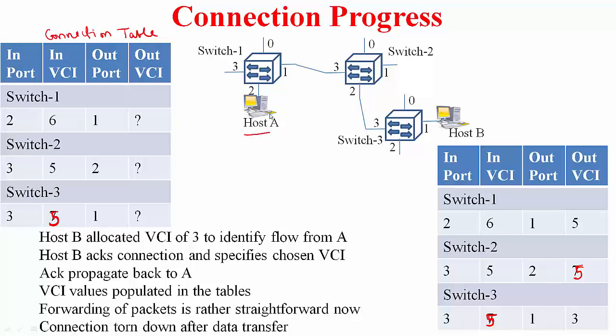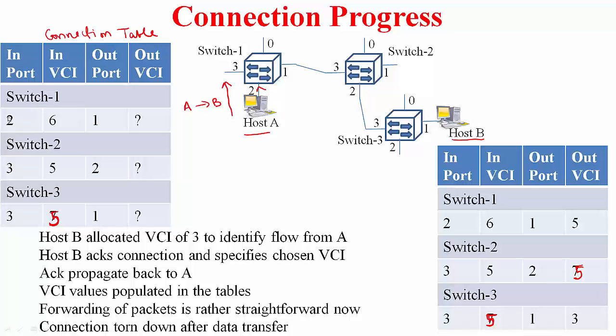So in this example, host A wants to send packets to host B. Before it sends these packets, it's going to establish a connection. So for that, host A will contact switch 1 and say, I want to talk with host B. Now switch 1 is going to notice that host A's packet has come on port 2, so it maintains what is called a connection table.